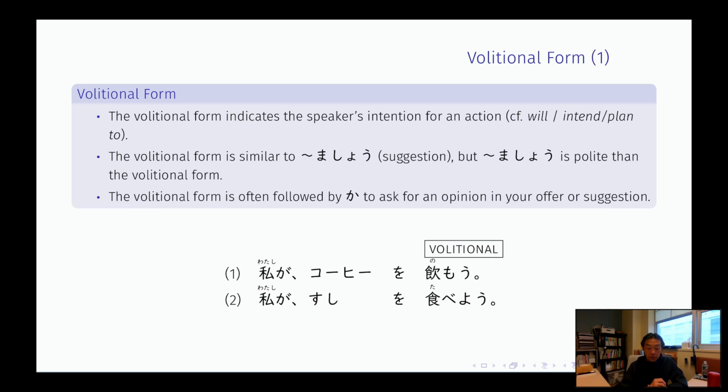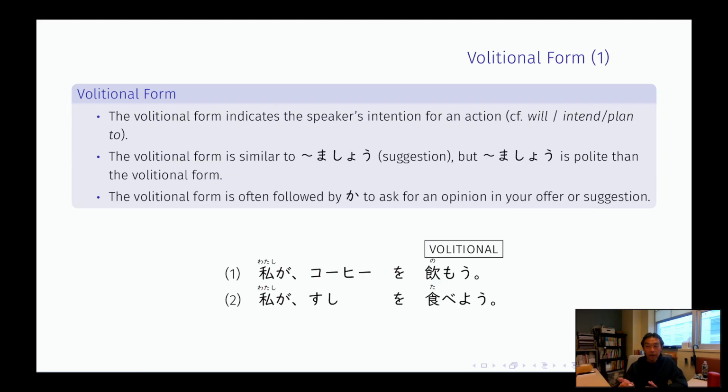Volitional form is often used with ka, the question marker ka. When it's used, it becomes very similar to the masho or mashoka. So in a way, volitional form is actually very close to masho. If you say 食べましょう or 飲みましょう, that implies suggestions, right?